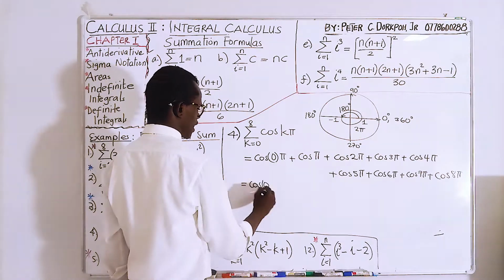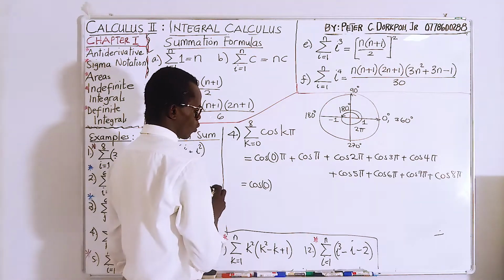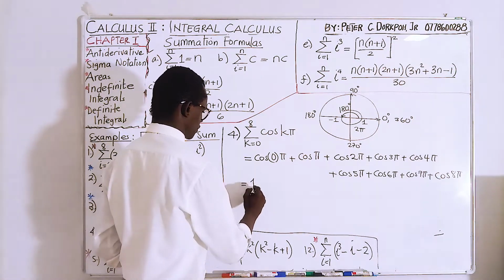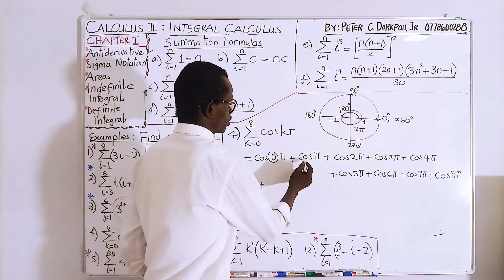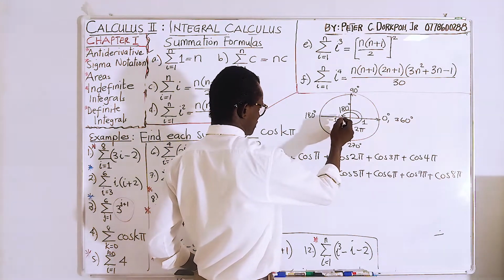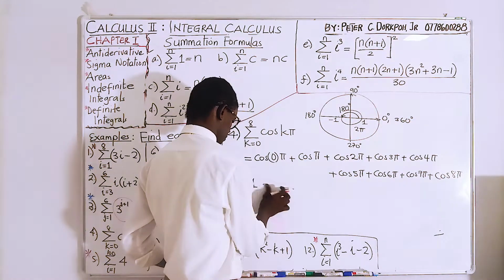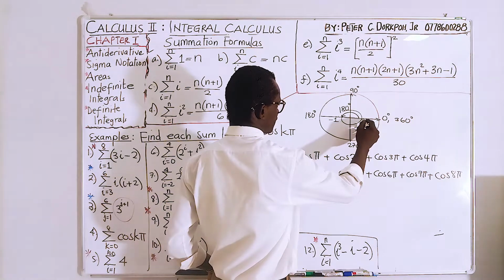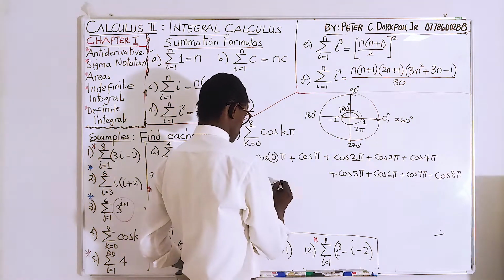So cos of 0 now is just 1, positive 1. Plus cos of π. Cos of π is minus 1, right? Cos of 2π, 2π is right here, it's positive 1.